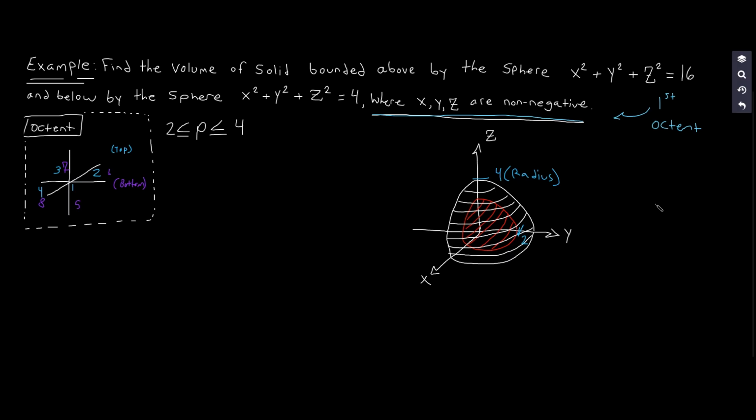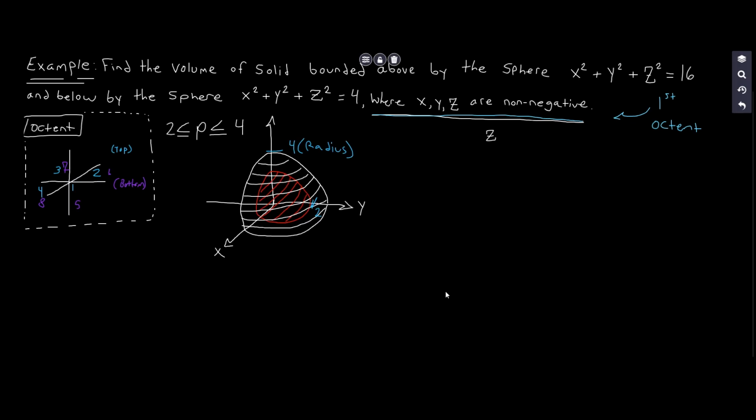It doesn't care about the angle, it just cares about how far you walk out from the origin. To be in the region of the volume, it has to be bigger than a radius of 2 and smaller than a radius of 4. That's how it lies outside of the red and inside of the white. It's the region that lies between the two spheres. So rho here is between radius 2 and a radius of 4. That's all this is saying.